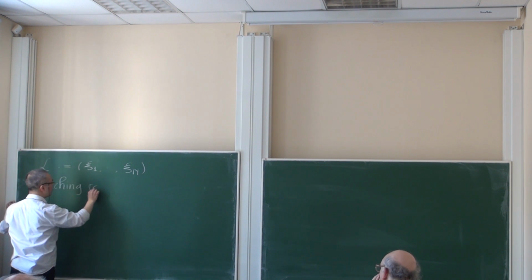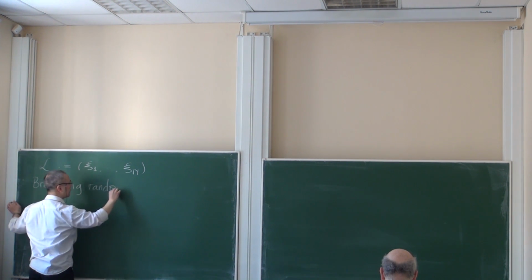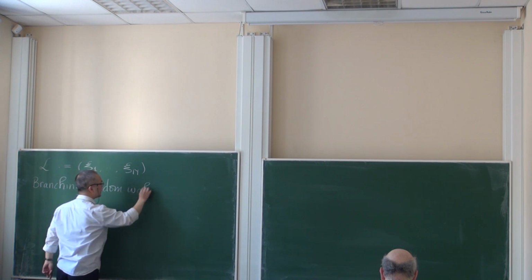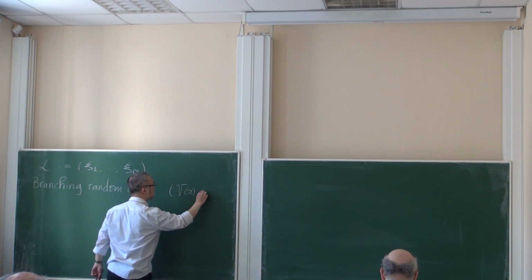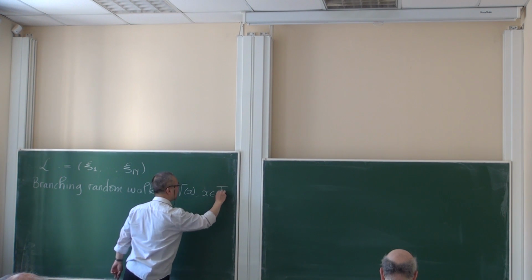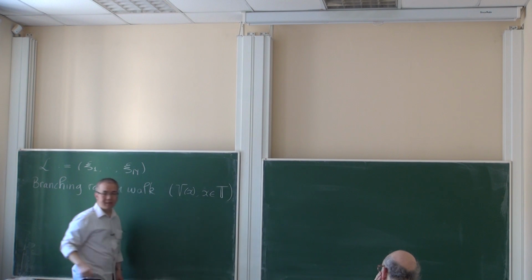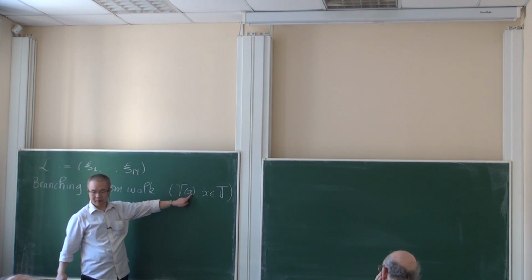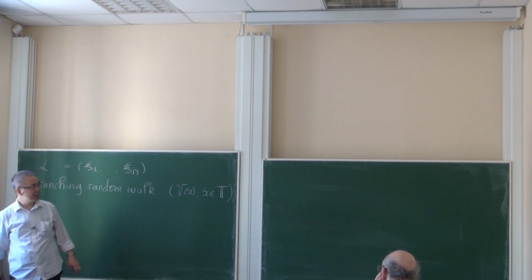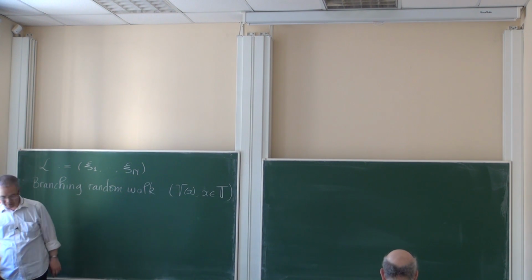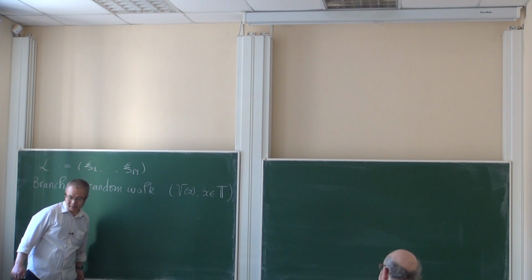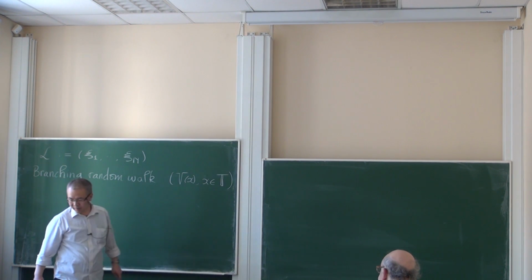So a branching random walk, usually the position is noted by V(x). Here, usually when we have a random process, the index is time, but here, the index is a vertex in the genealogy tree.